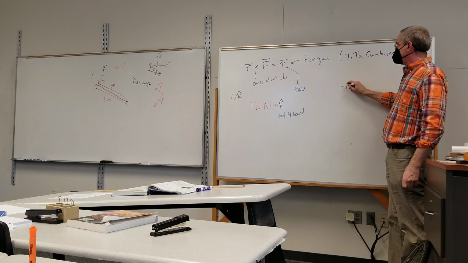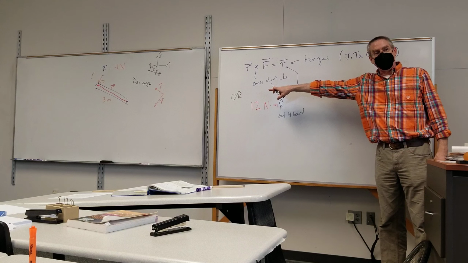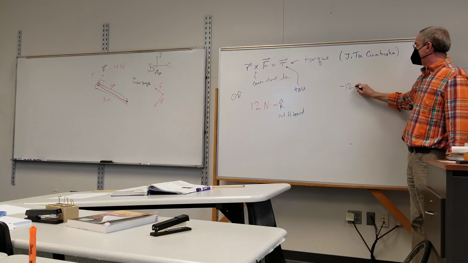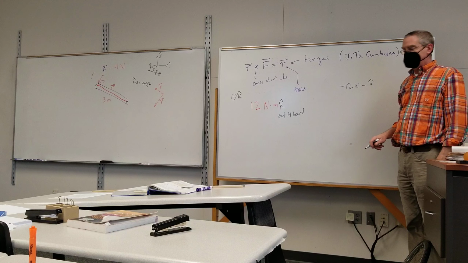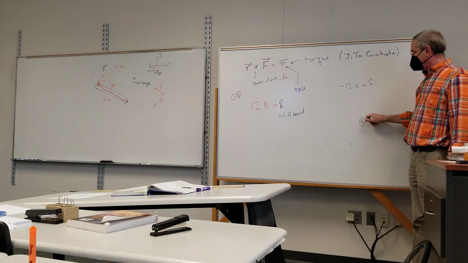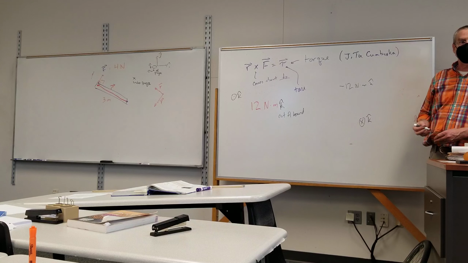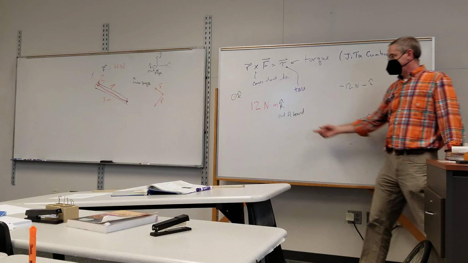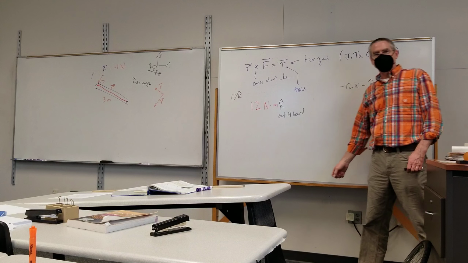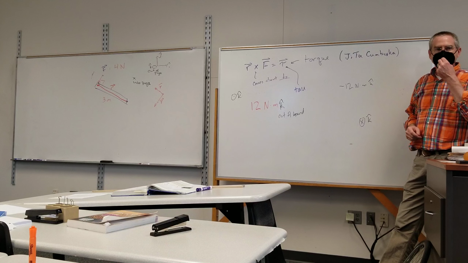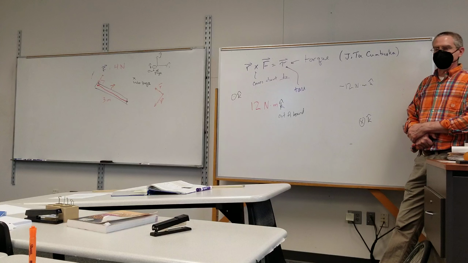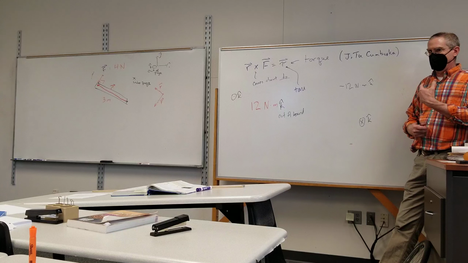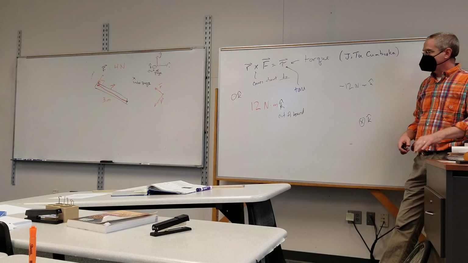Then that would be negative, so I could either keep K coming out like that and go negative 12 Newton meters K hat, or I could define K hat into the board and do 12 Newton meters K hat, or write out into the board. This is just basically vocabulary here of how to communicate this stuff.